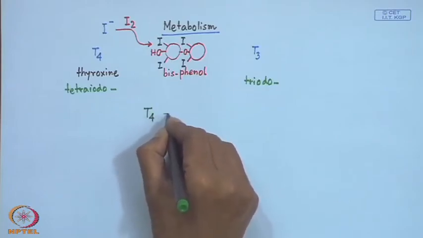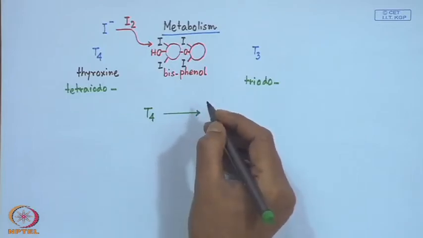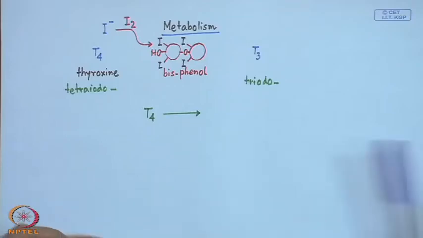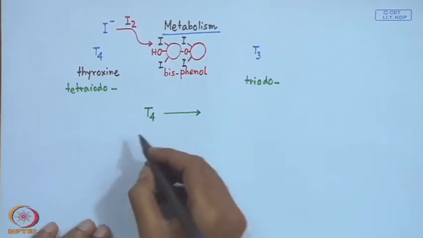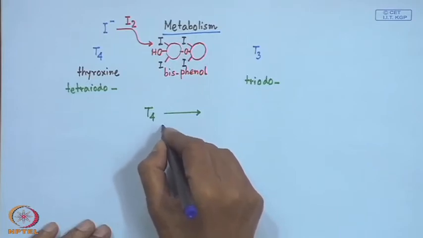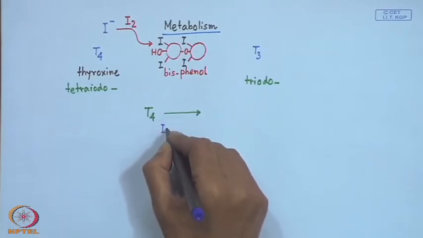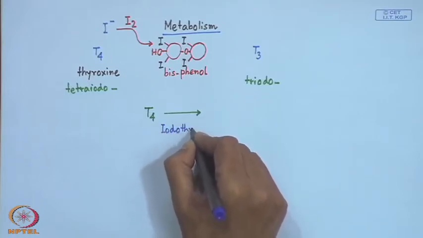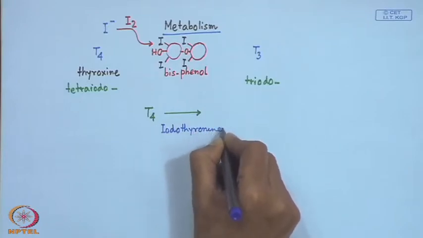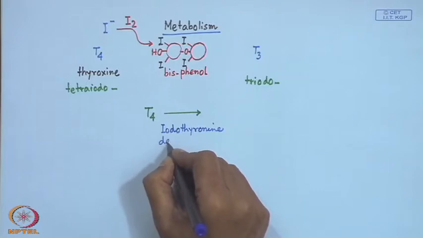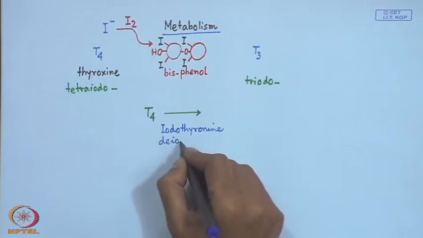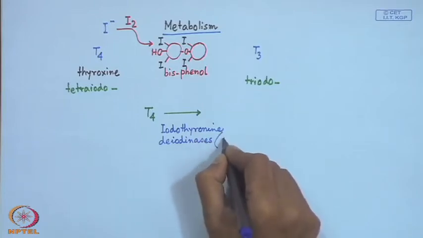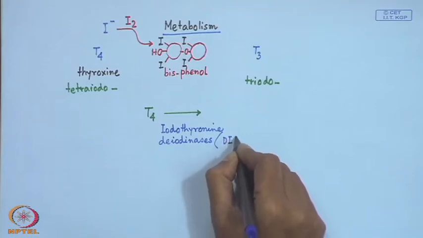These are the iodothyronine deiodinases, that is, the iodized thyronine molecules are acted on by iodothyronine deiodinases, abbreviated as DIO.